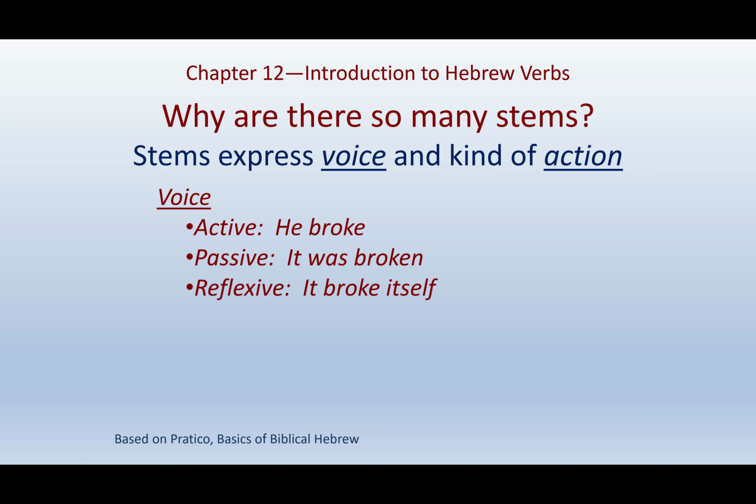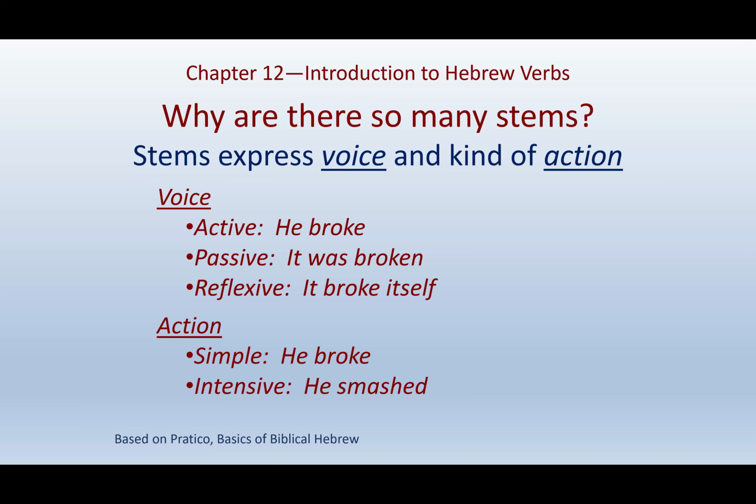No, it didn't. But that's what reflexive means. It means that the subject is acting on themselves or on behalf of themselves in some way. They're doing the action and also receiving the action. Now, what kind of action is being communicated by stems? We have the simple action, he broke, and then we have intensive action, he smashed or he shattered.